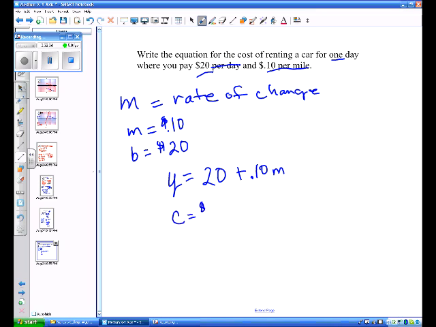And so we've got that it's going to be $20 plus 10 cents per mile. If you wanted it in our standard slope-intercept form, then it would be 10 cents per mile plus the $20. Either way, that's going to be the same, and it's just kind of how you want to look at this. So we can use all of this idea as we start writing our equations, and we can come up with equations for our different situations.